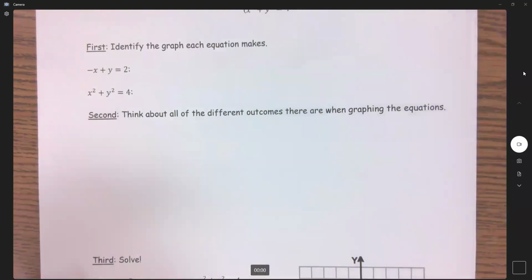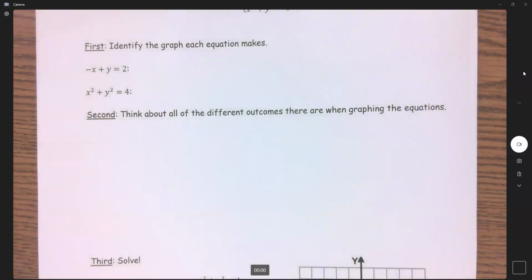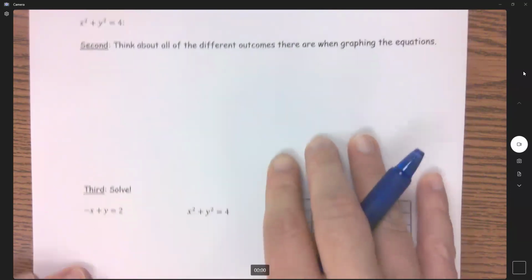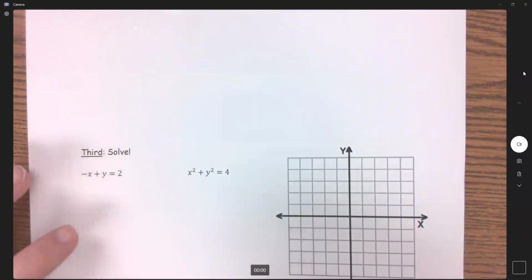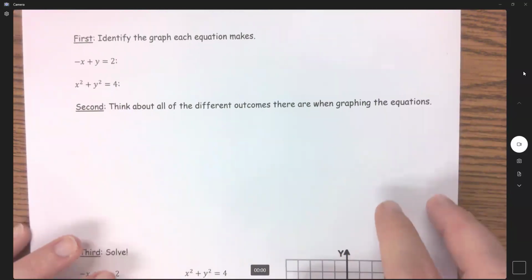But as my shapes change, we can have 2, 3, 4, and so on, different solutions to one system. So we want to think about the different solutions, and then we will solve. Now, this is the only one we're going to solve by graphing, but the other ones we'll solve by substitution or elimination.